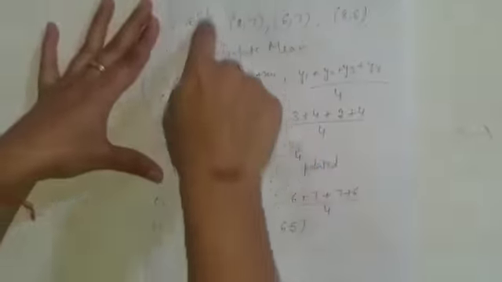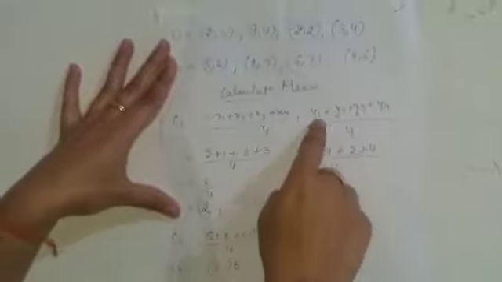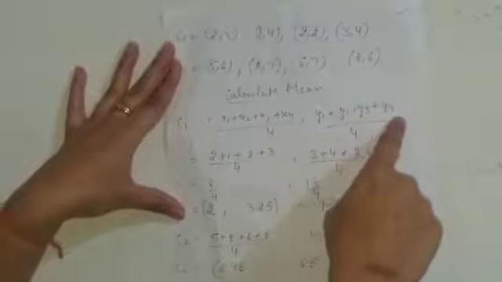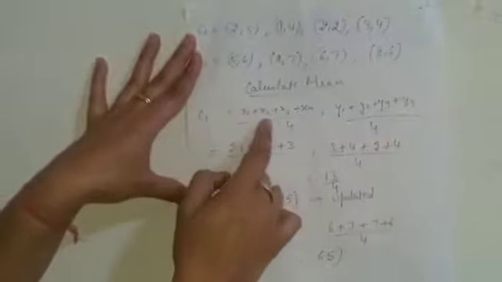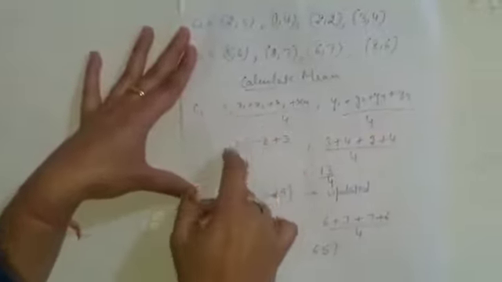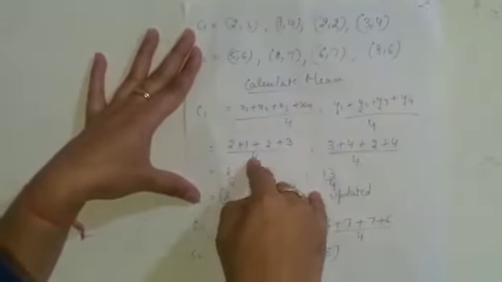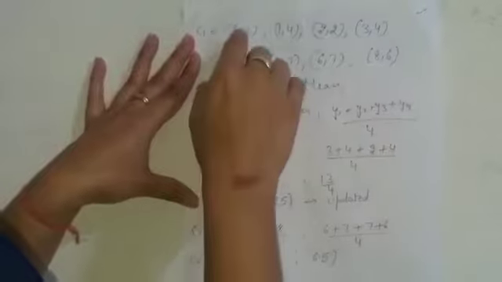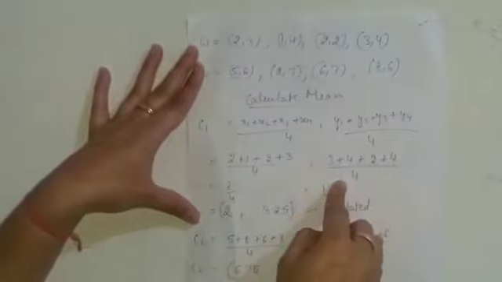C1 equals x1 plus x2 plus x3 plus x4 divided by 4, similarly y1 plus y2 plus y3 plus y4 divided by 4. Now put in the values: x is 2 plus 1 plus 2 plus 3 divided by 4, and y is 3 plus 4 plus 2 plus 4 divided by 4.